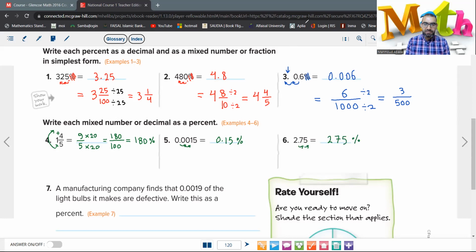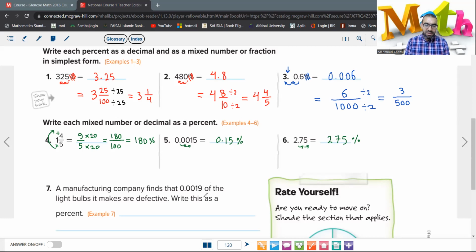Problem 7. A manufacturing company finds that 0.0019, or we can say 19 ten-thousandths of the light bulbs it makes are defective. Means every 10,000 bulbs they produce, 19 will be defective.